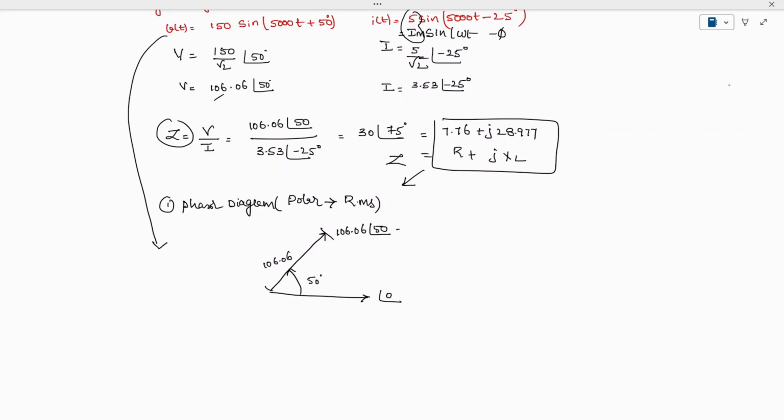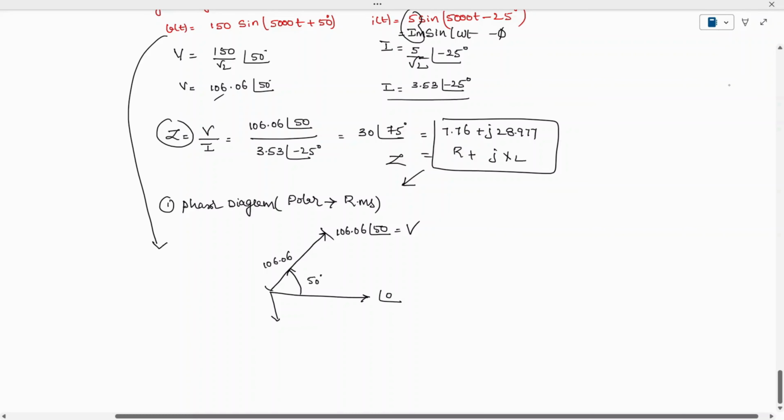This is the voltage, and if you see the current, the magnitude is very small, and it makes only 25 degrees, with magnitude approximately 3.53 at an angle of minus 25.